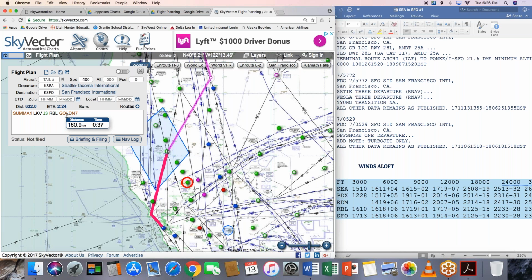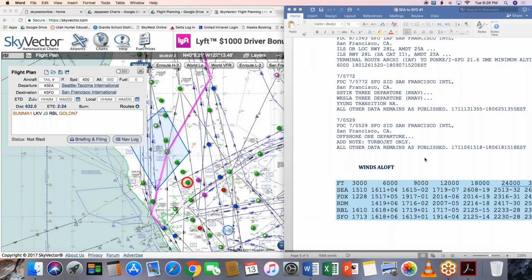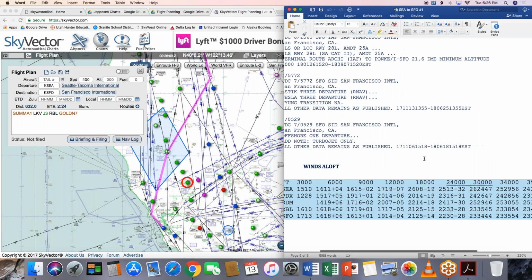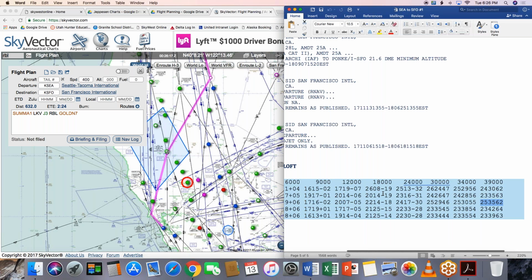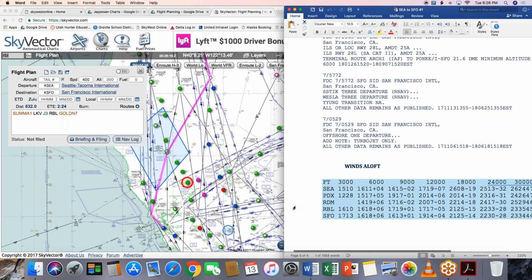So we're going to probably be starting our descent around there. So we'll use those two VORs for our winds and temperatures aloft to find our average during cruise. What VORs are we using? Redmond and Red Bluff. So RDM and RBL.